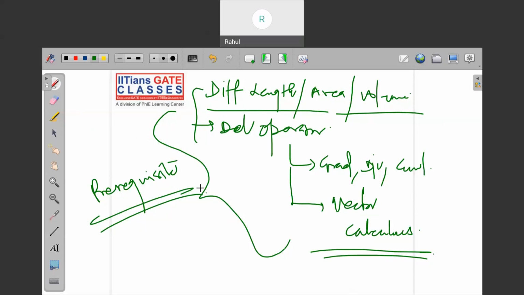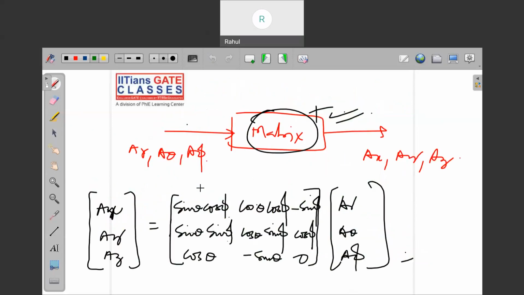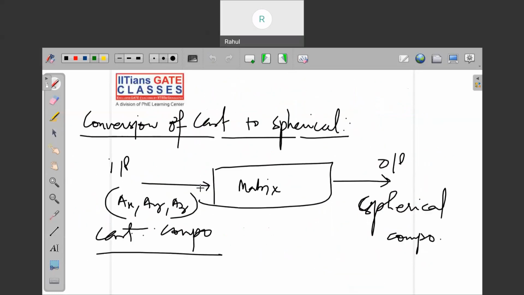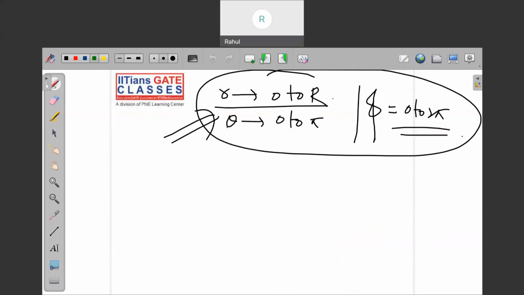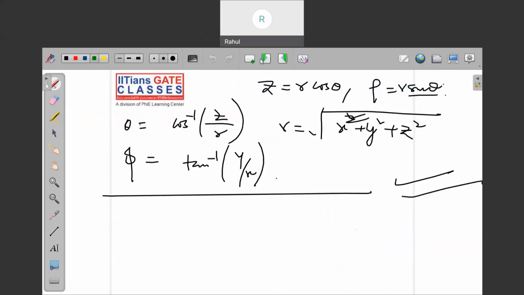I hope today's session might have been interesting. And you have to remember this sequence, the r theta phi sequence.